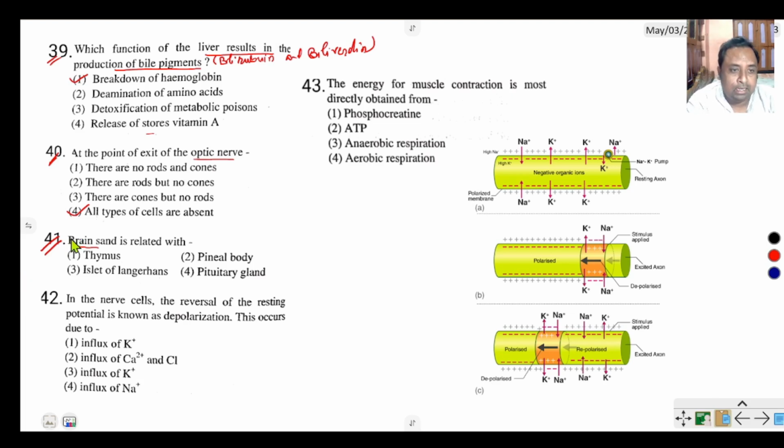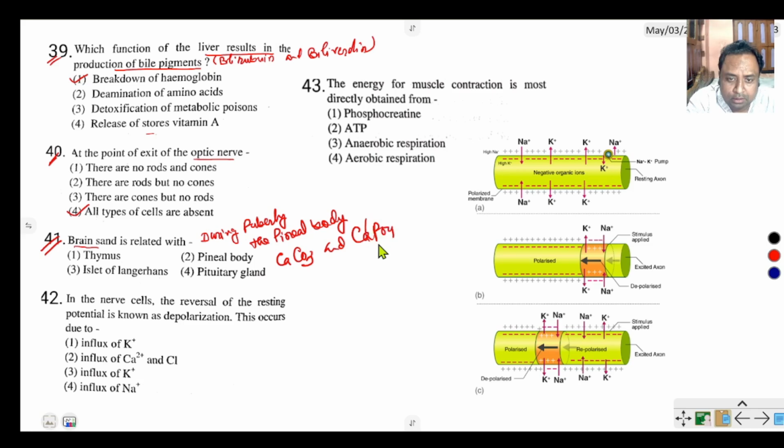During puberty, the pineal body is deposited with calcium carbonate and calcium phosphate. Okay, this is called brain sand. This is occurring in the pineal body.